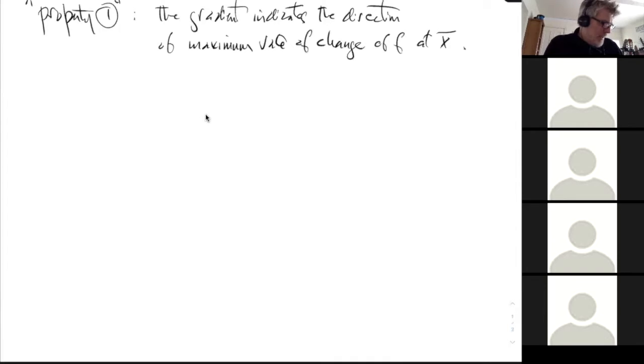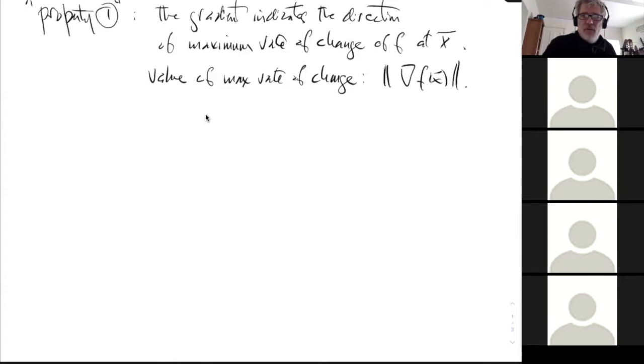What is the value of this maximum rate of change? That's the directional derivative, and the value of this rate of change is the length of the gradient.